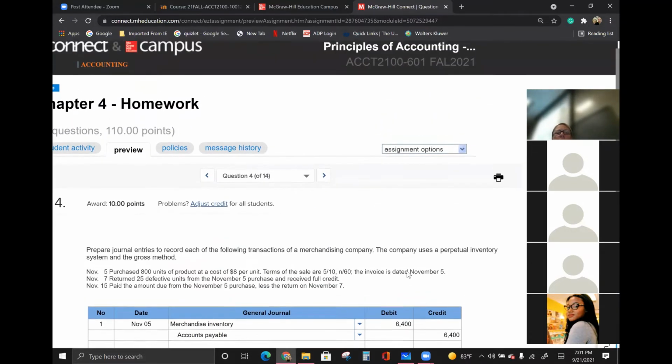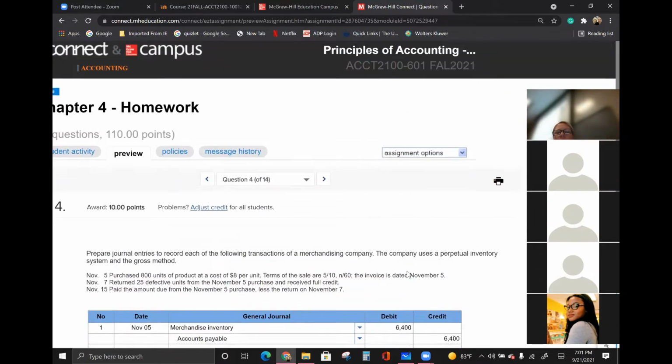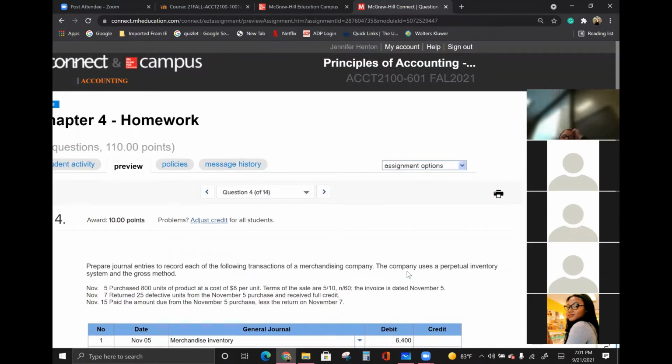Okay, so we have 800 units times $8. That's how we calculate what we purchased. $6,400 is what we spent on the product. So I'm bringing inventory in.